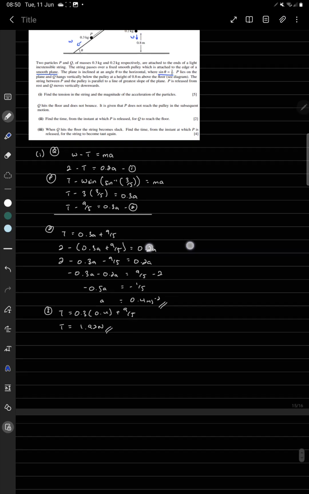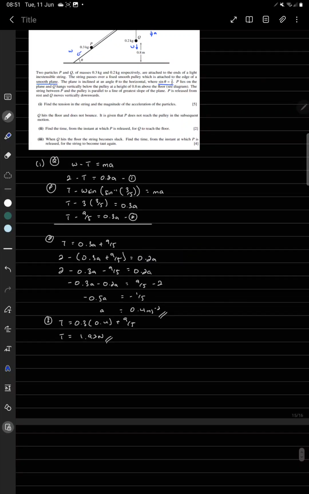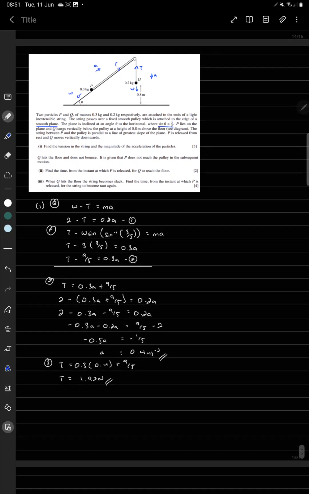Now for the next question, we want to find the time from the instant when P is released for Q to reach the floor. So it's from when it was released until it reaches the floor. We've already found the acceleration. So I think the best that we can do here is, we have distance, we have initial velocity, we don't have final velocity, we want to find time, and we have acceleration.